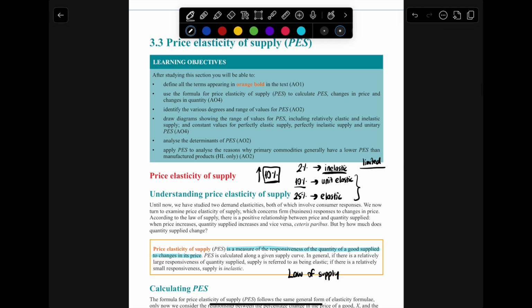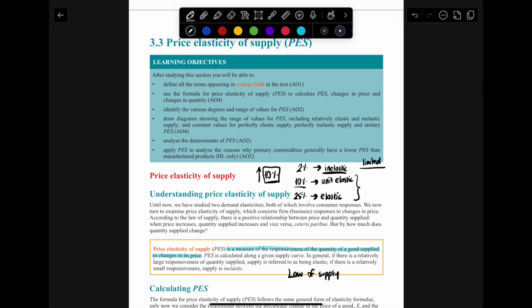Instead, the PES, which is the abbreviation of price elasticity of supply, measures how much quantity supplied changes relative to the price change. So this idea of relative responsiveness or flexibility is extremely important in PES.